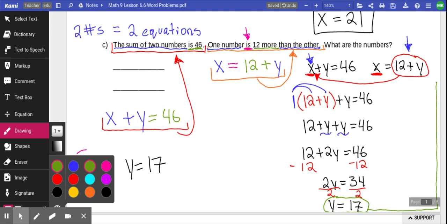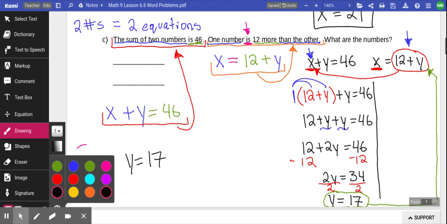In this case, I'm going to put it into this equation. So this said that x equals 12 plus y. That means I can change this to be x equals 12 plus 17. Since I know that y is now 17, that gives me my second answer of x equals 29. So my two numbers are y equals 17 and x equals 29.